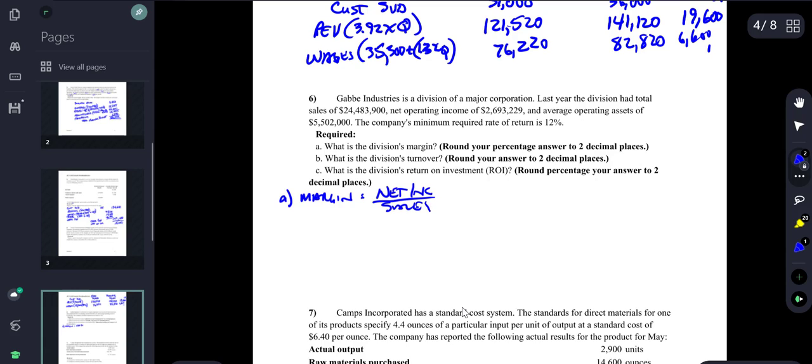We have net income of 2,693,229, and we're dividing that by sales of 24,483,900. So what we get here with a margin is 11%.